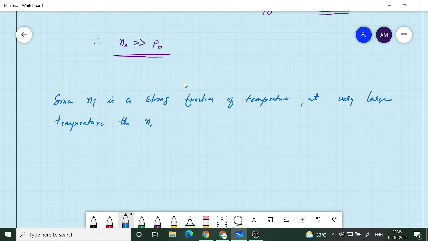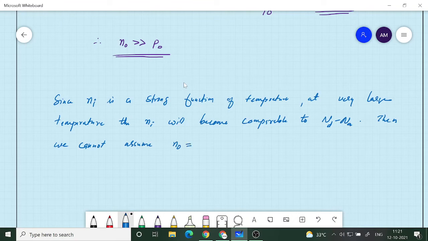the Ni will become comparable to Nd minus Na, then we cannot assume N0, the majority carrier, is equal to Nd minus Na.